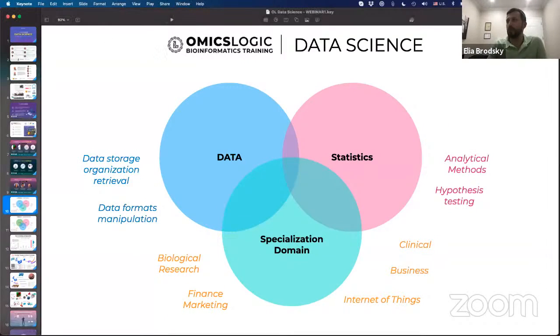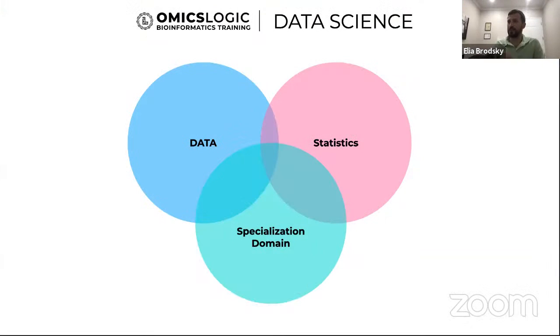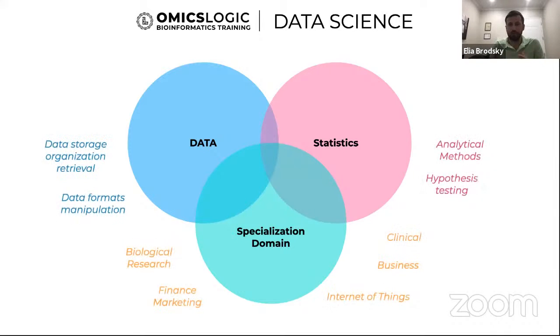So let's get started. What is data science? Data science, which is what this webinar is dedicated to, is really a convergence of data management and manipulation, sometimes referred to as wrangling or data handling effectiveness, analytical methods for hypothesis testing and statistical inference, and some kind of a specialization domain.